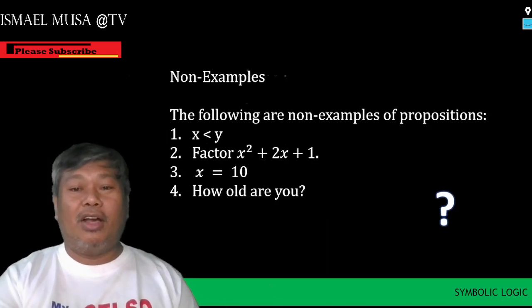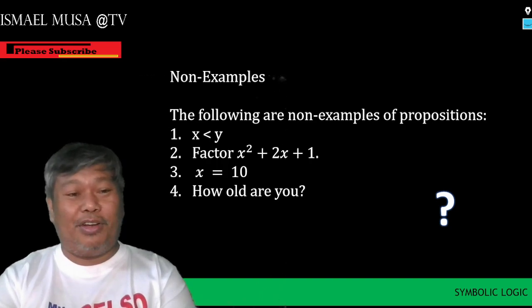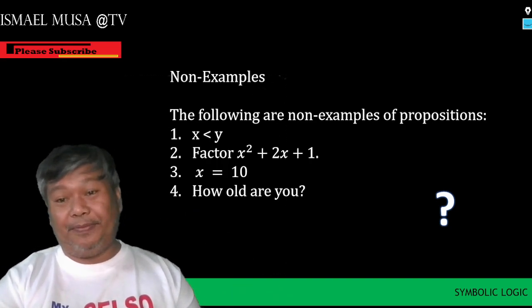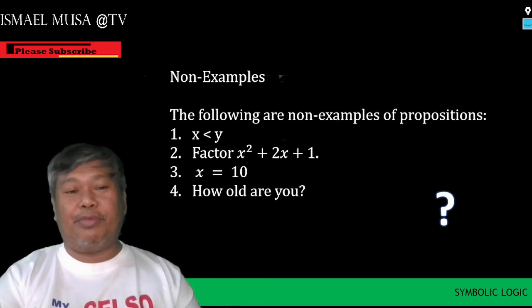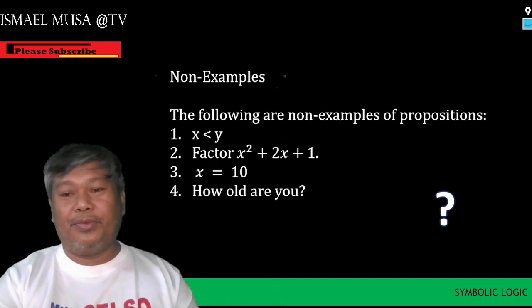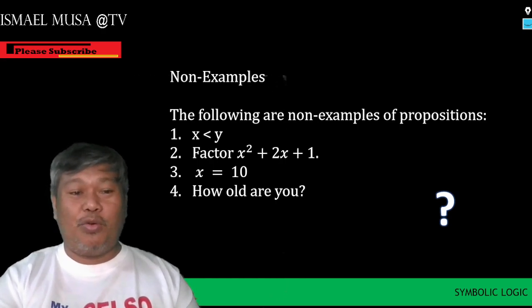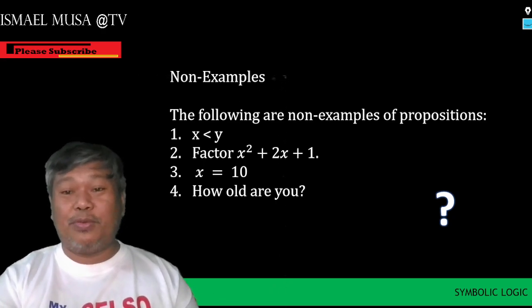Now, the following are non-examples of propositions. They are not propositions. And why are they not propositions? The first one is: x is less than y. There's no way to determine whether that is true or not. Number 2: factor x squared plus 2x plus y.